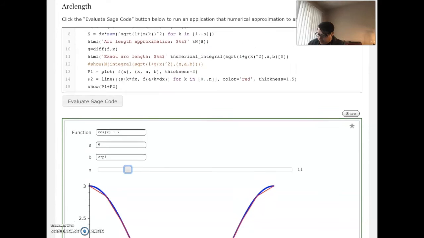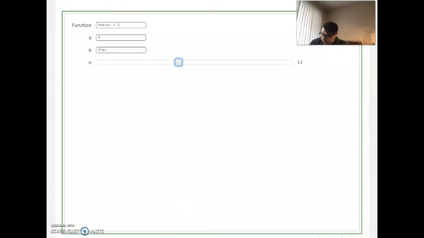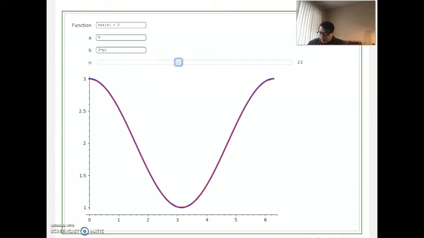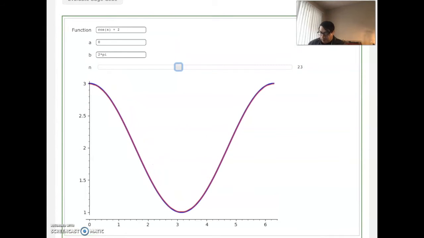It's not very difficult to come up with this plot, and as you do more and more lengths, it'll fit the curve very nicely, and this will compute the arc length using this. Let's make it smaller so that we can see the line segments as they approximate. If I do 5, it's pretty rough, but even at like 24, they align pretty nicely.